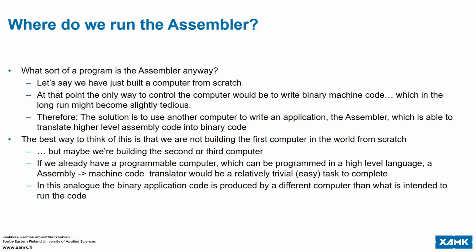And in this analogy, this binary application code is produced by a different computer than the one where it's intended to run. But of course, in practice, if we were to write assembly code, which in one of the exercises you are asked to do, then we are also executing the code on the same computer as well.